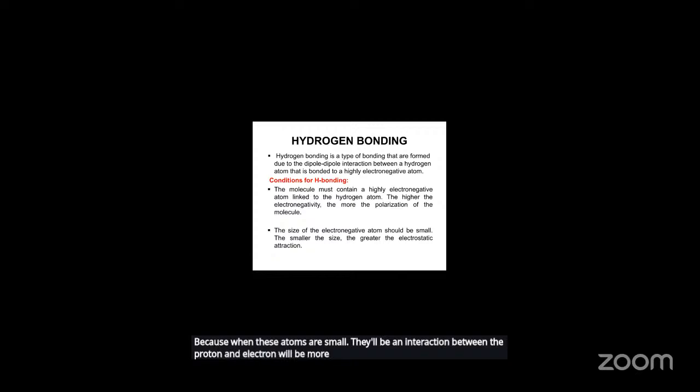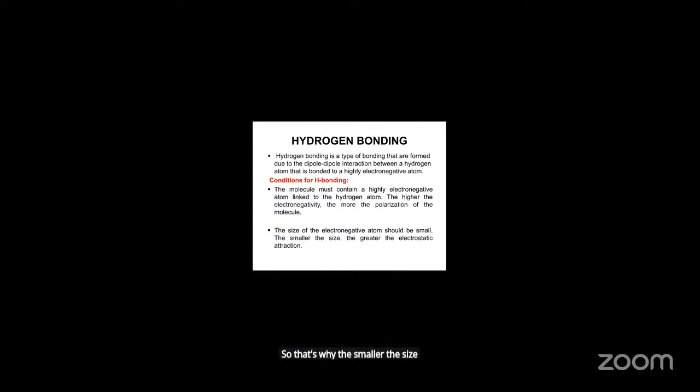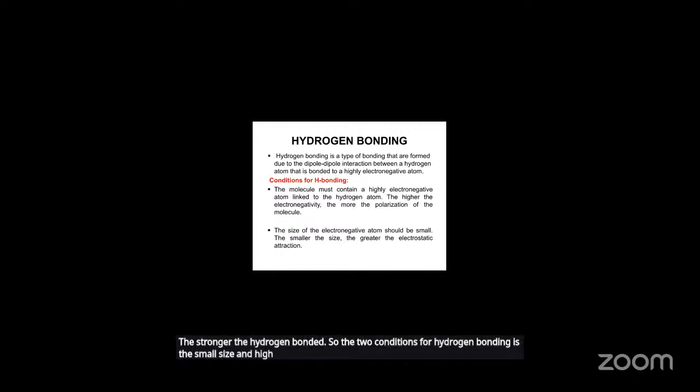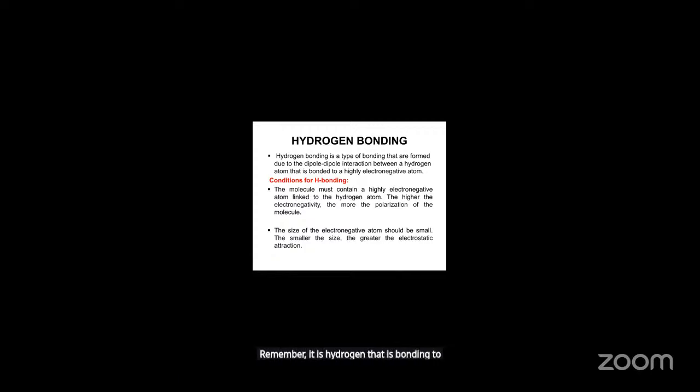The wider, the less, because of shielding effects. So the smaller the size, the greater the force of attraction, the stronger the hydrogen bonding. So the two conditions for hydrogen bonding are small size and a highly electronegative atom. Remember, it is hydrogen that is bonded to a highly electronegative atom. That is hydrogen bonding.